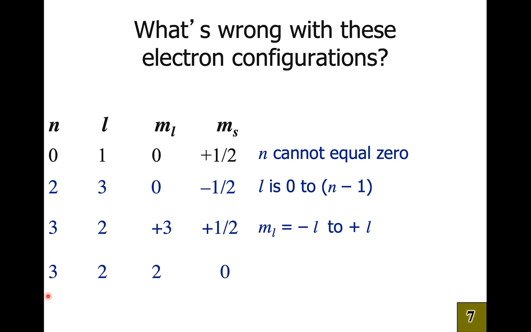And then finally, the n value is okay, the l value is okay based on n, and the m sub l value is okay based on l. And in this one, m sub s can only have values of plus 1/2 and minus 1/2, and so that's what's wrong with that last one.